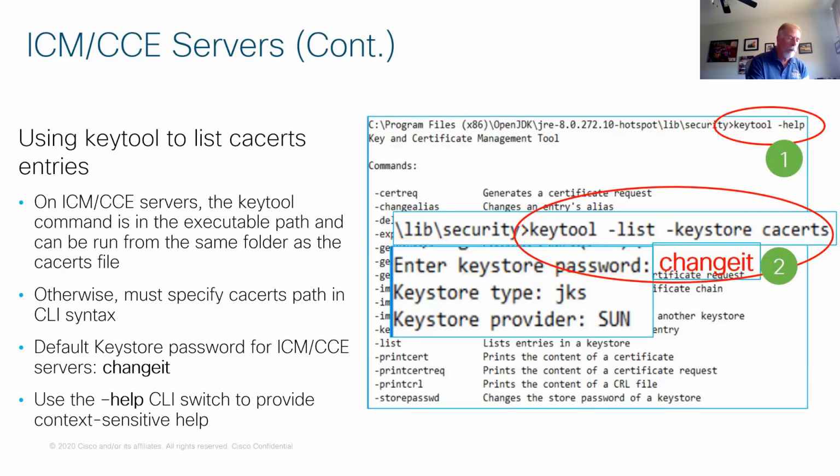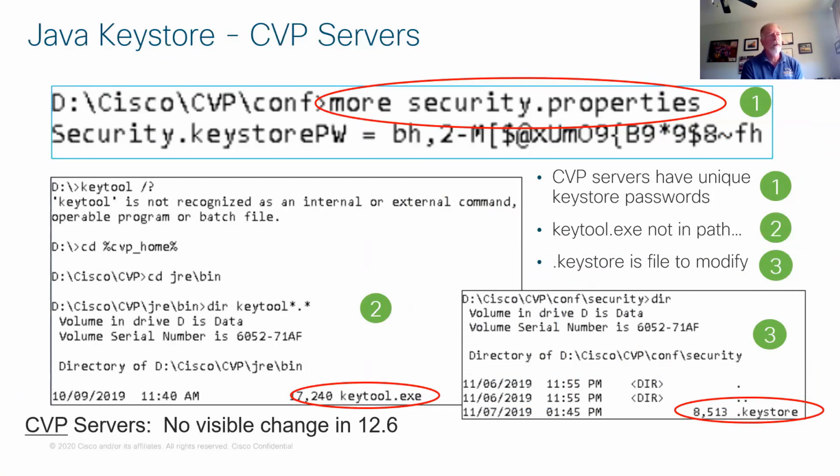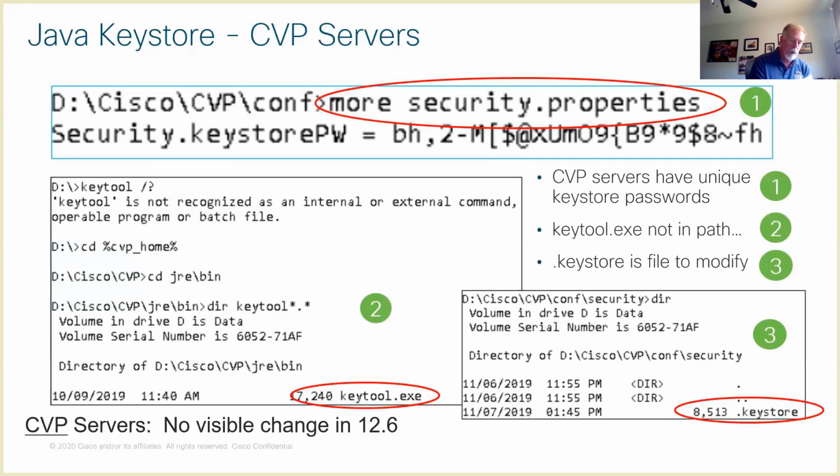Your CVP servers also affected by this update, but not in any way, shape, or form that you might actually notice. And why is that? Well, the location of the key store file is the same. So even though Cisco over here with CVP version 12.6 might be using a new version of Java, you don't really note that because the key store location is still in the Cisco CVP conf security folder location.